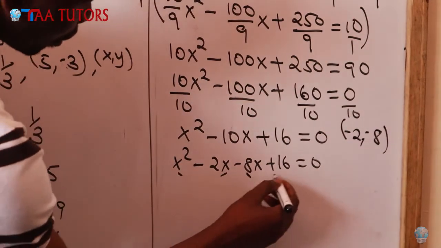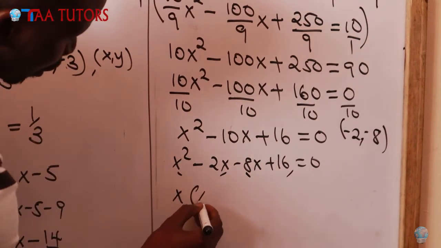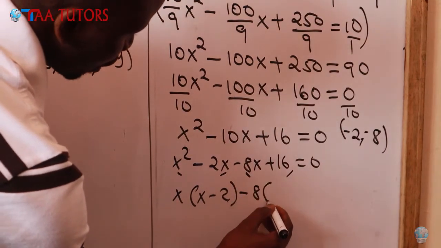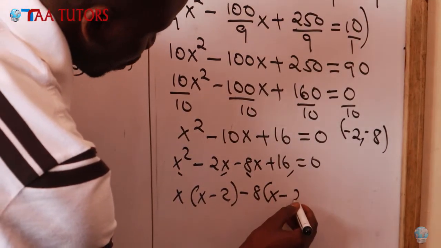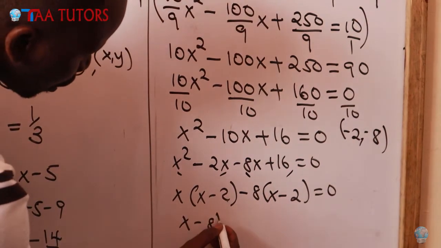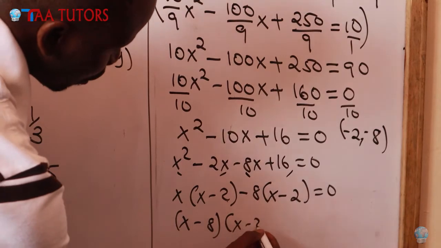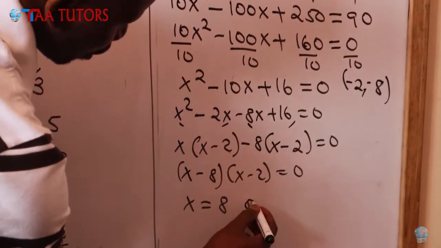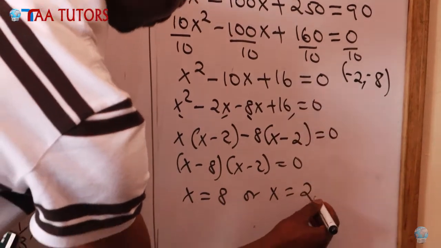Group these two. I will have x(x - 2) - 8(x - 2) = 0. In this case, (x - 8)(x - 2) = 0. So x = 8 or x = 2.